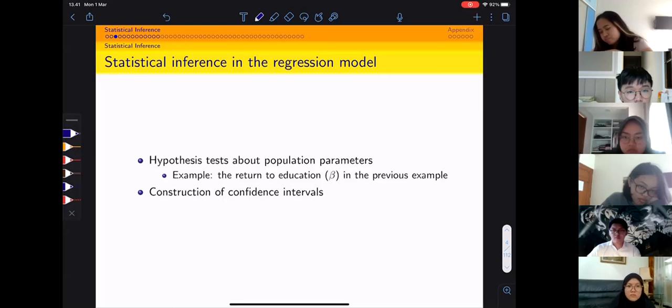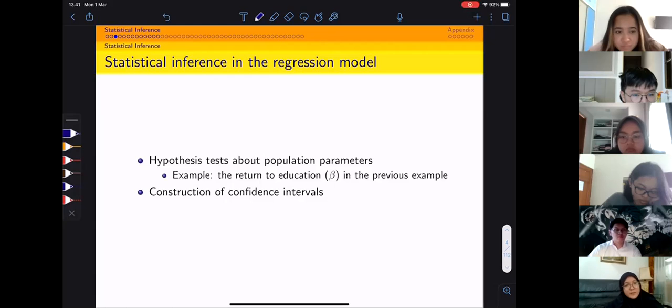Confidence intervals are another feature of the estimation that is quite useful, not only to identify whether there is a significant effect of a particular variable, but also to give you a view of how the estimated coefficient varies across estimations. So that's also an important part of inference.